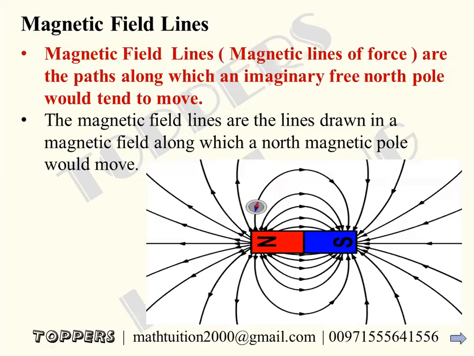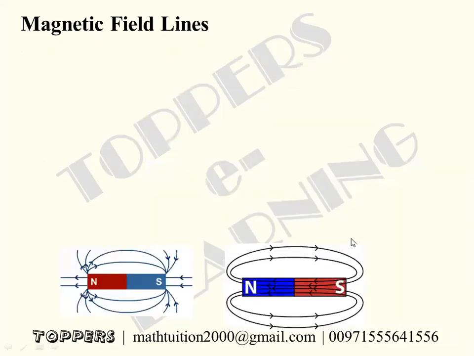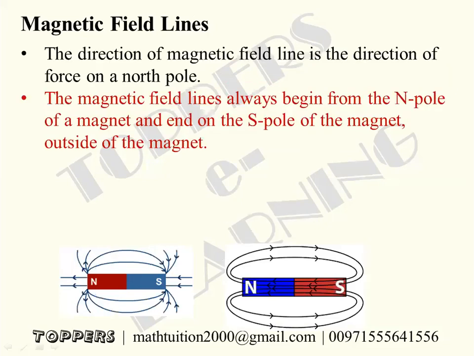See why this free north pole is moving through a specific line, because it is experiencing a push or pull through that line only. Understood? So that is the definition.